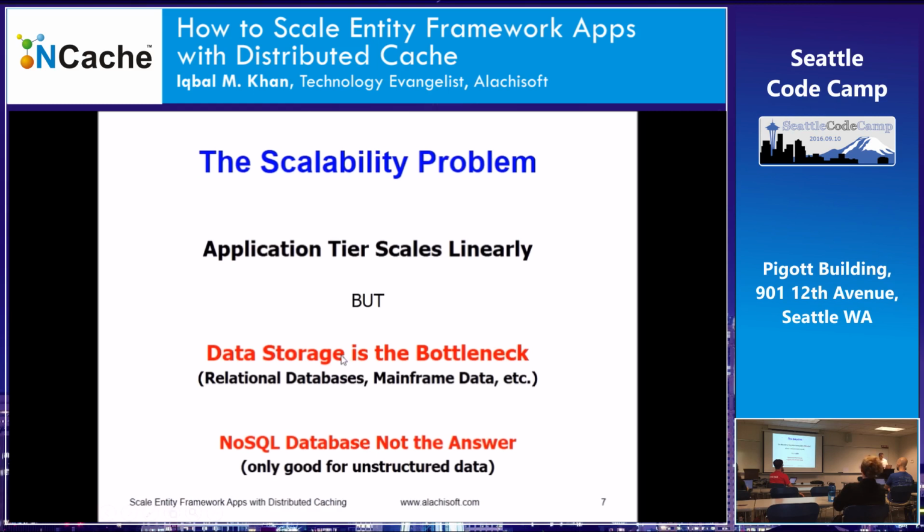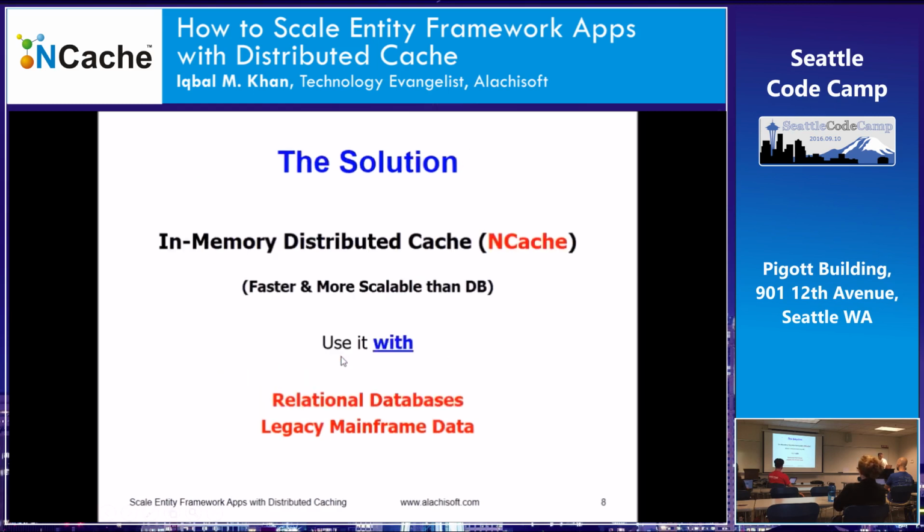So what you do, you basically use an in-memory distributed cache. NCache is just one example. Redis is another cache that is used by Azure. App Fabric has been around, but it's going away now.